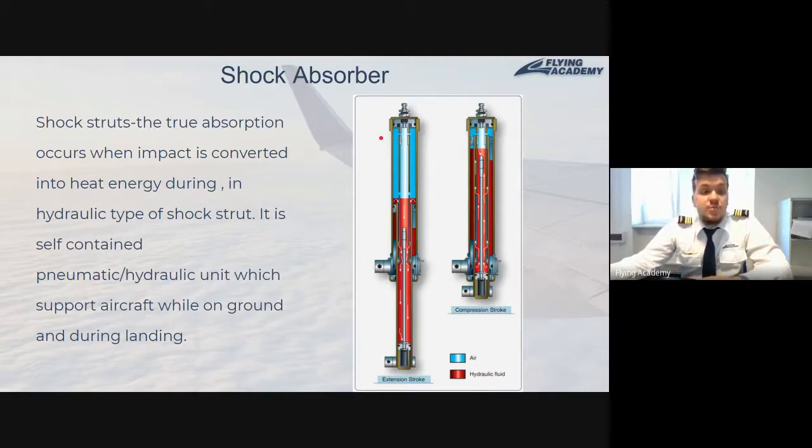If you have just a spring without something to dampen its oscillation, the airplane will jump after touchdown, especially if it does not land smoothly. The airplane may start jumping after touchdown, which can be dangerous and can create the ballooning effect, which may destroy your airplane. So we are supposed to have some part which will create damping of this oscillation, and the damping will happen with the oil.